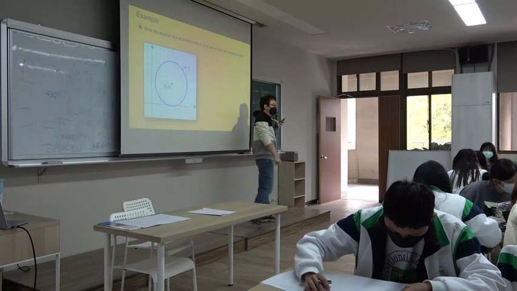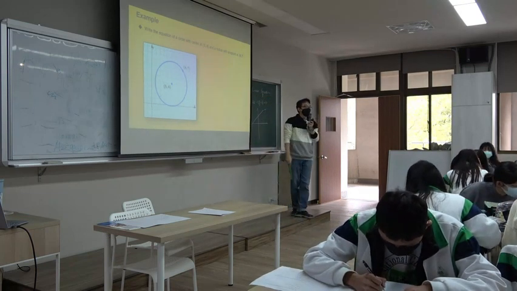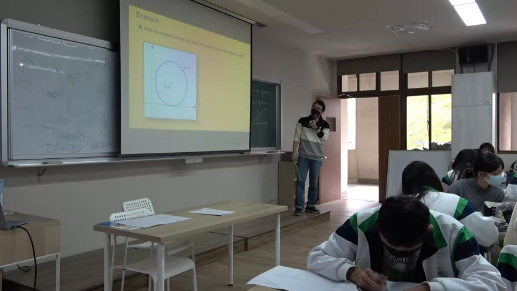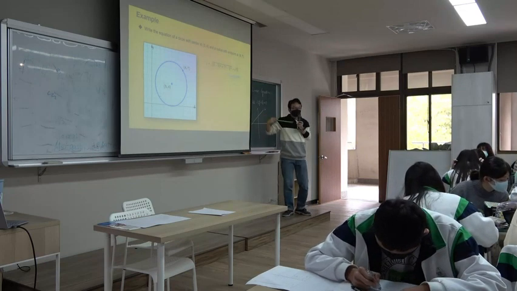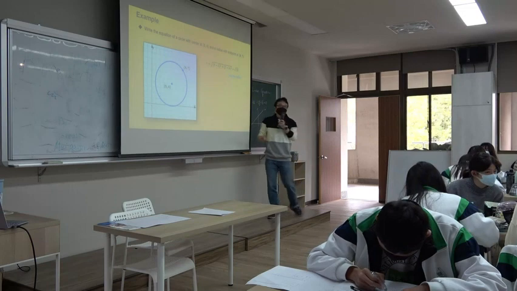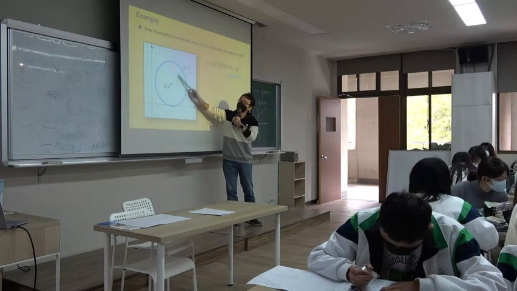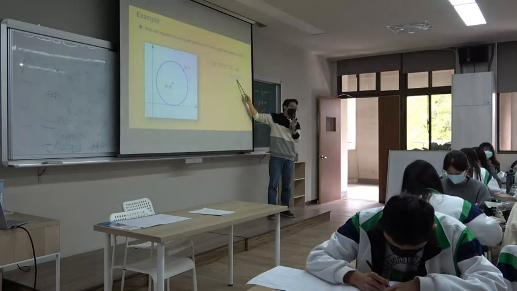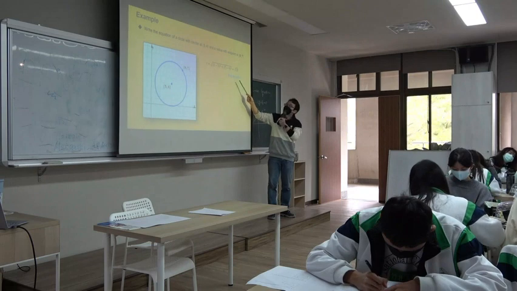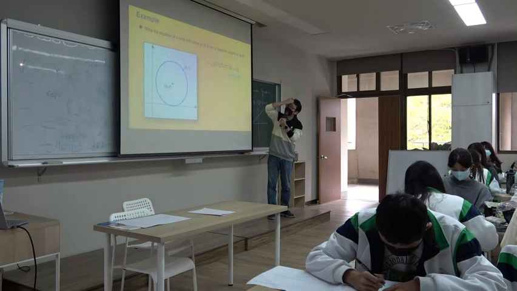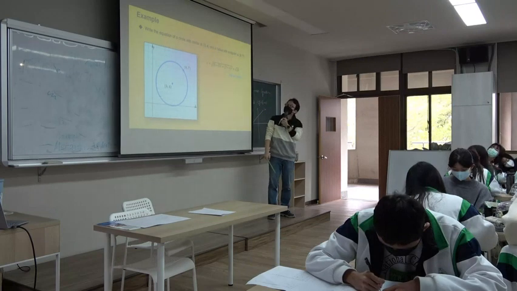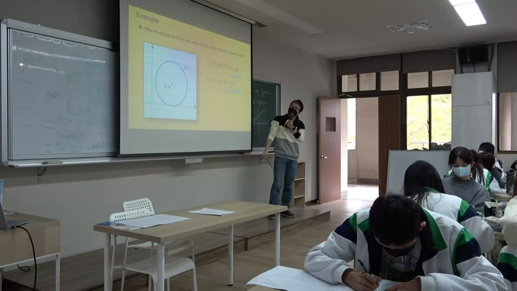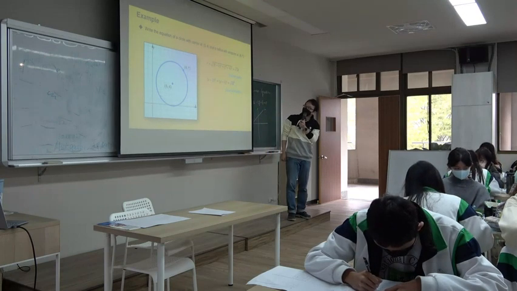So how to find the radius of the circle? First, you can use the distance formula, right? To find the distance between the 2 points. Okay, that is the radius. Okay, and the radius is the square root of 18. And then use standard equation to finish the equation.